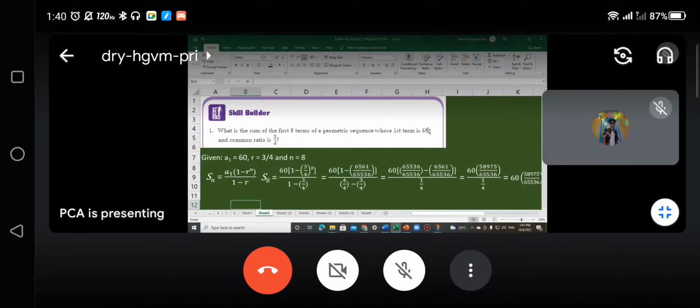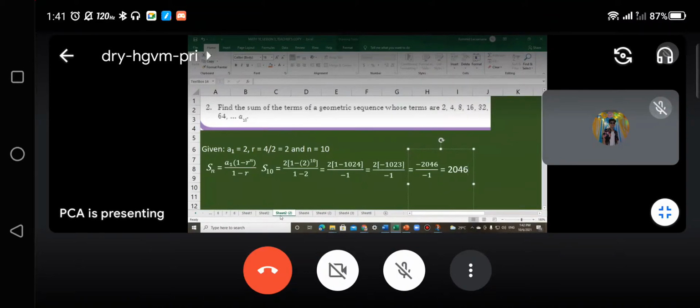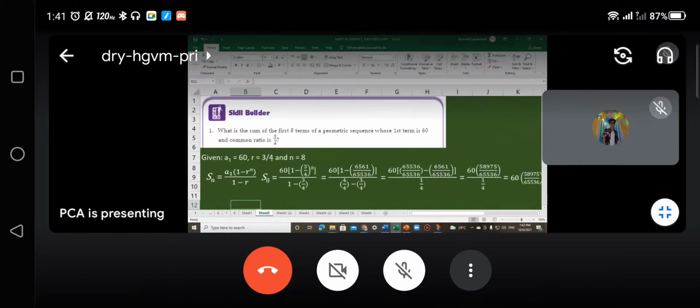The ratio 3/4 is a fraction, 0.75. If you want to have the fraction in its decimal number, it's okay. It's 0.75, because you do not want to be trying to calculate 3 over 4 and then raise it to 8.